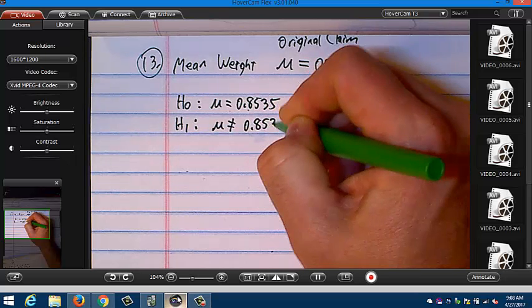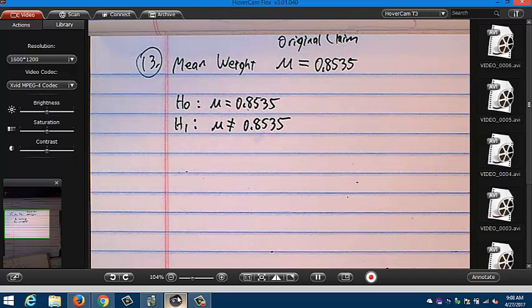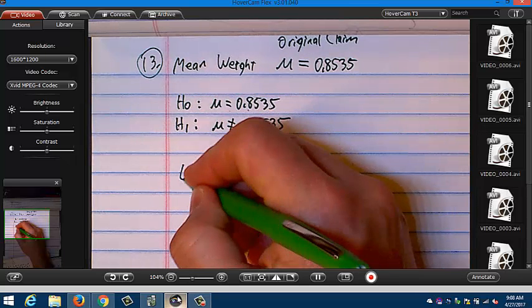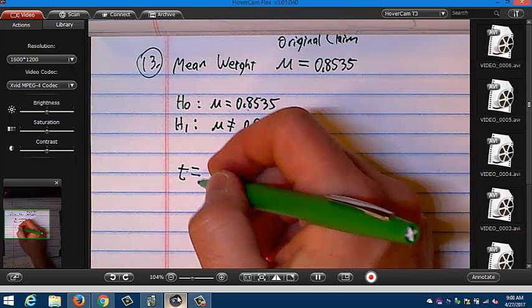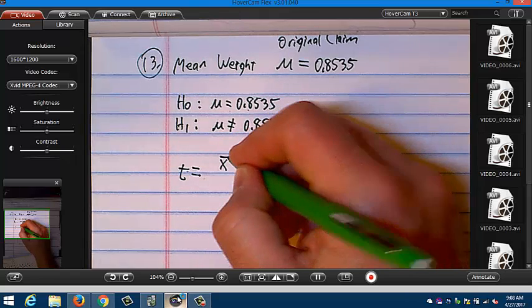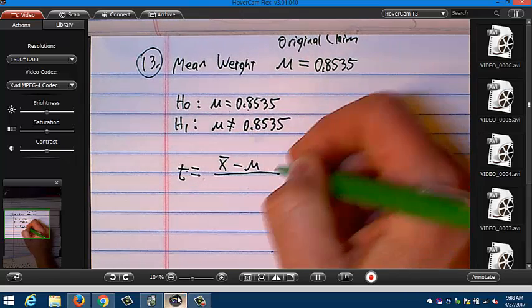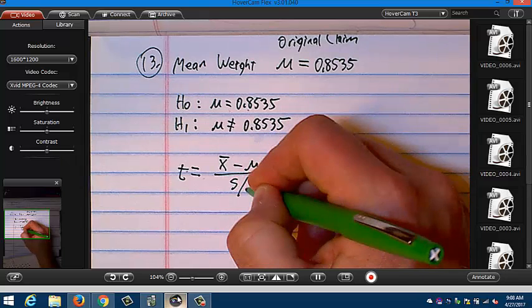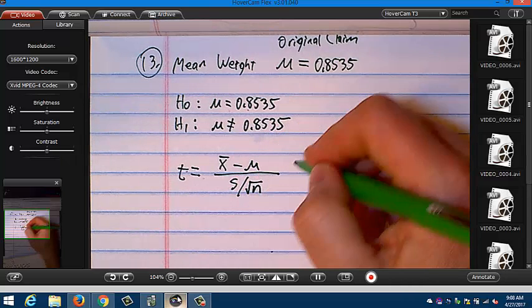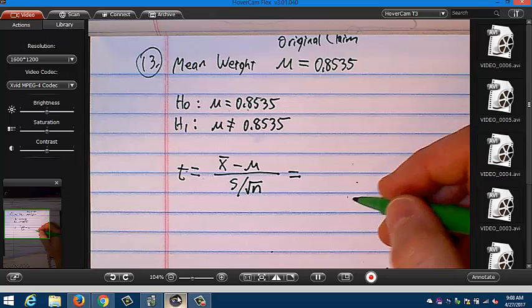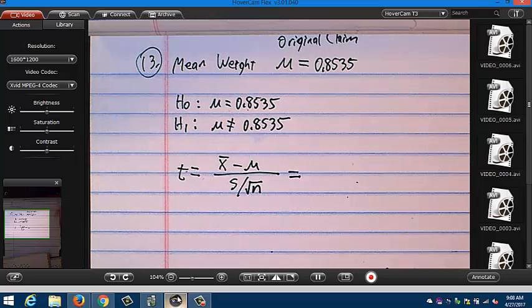I feel like you guys are getting there. We're making progress. Test statistic is T. T equals X bar minus mu divided by S over the square root of N. So what's that equal? I hope they gave you lots of info. Did they give this to you? Yeah, they gave us all of it.